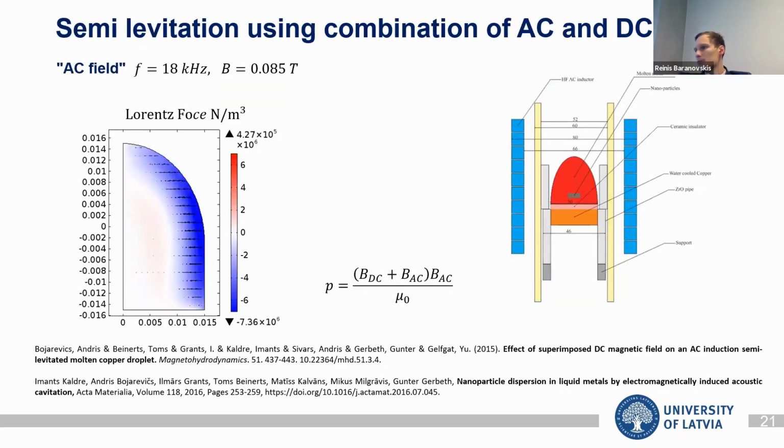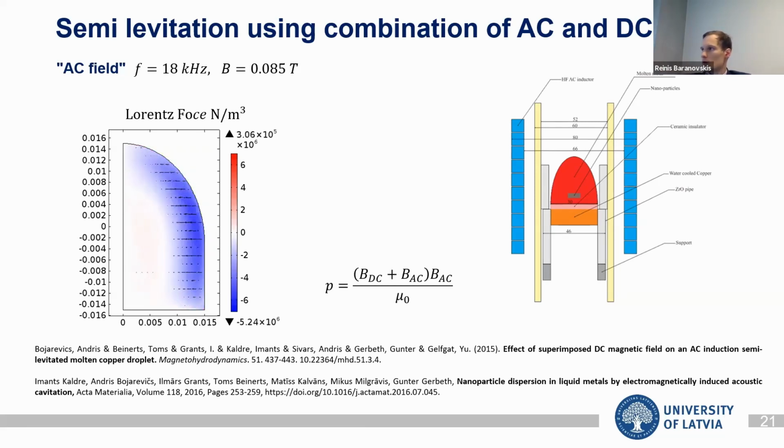And we did have a research project where we tried to exploit this effect, using a combination of alternating magnetic field and DC magnetic field, which I call a static magnetic field.